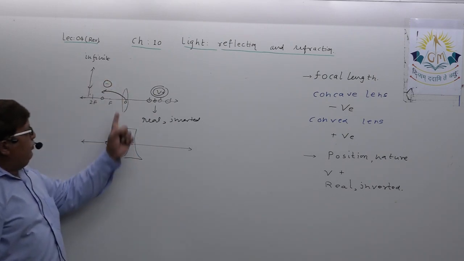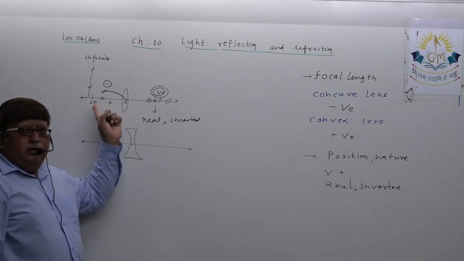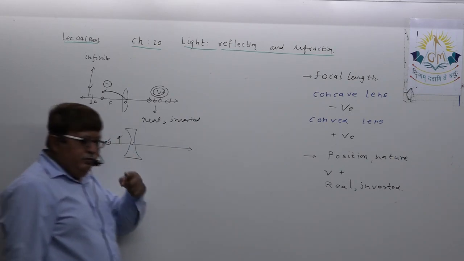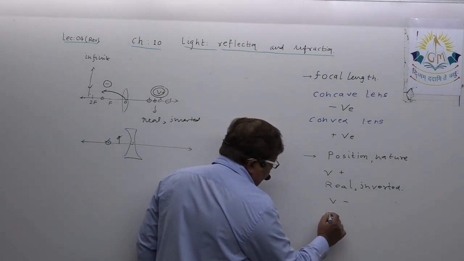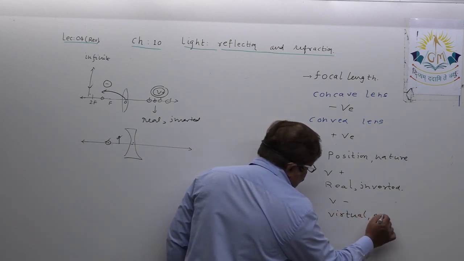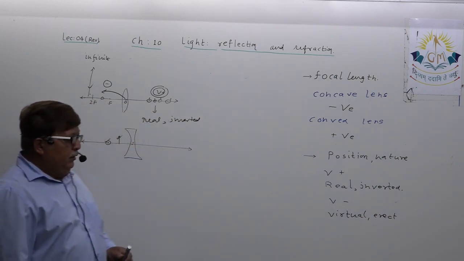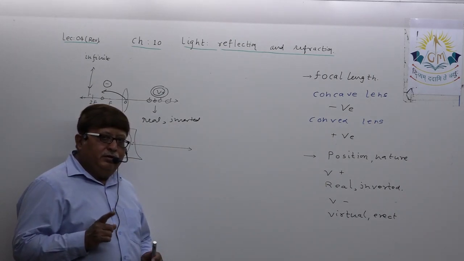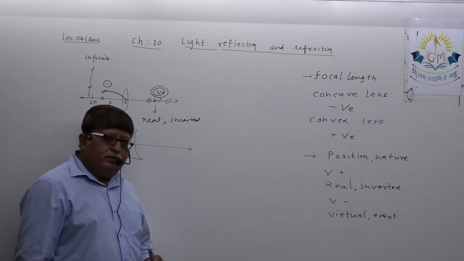Are you catching my point? Because V is negative, the image is virtual and erect and on the same side of the lens. This is a very important point. V negative means the image is virtual and erect. These are very important points you need to keep in mind, and whenever you solve any numerical regarding the lens, you have to be very sure of this.